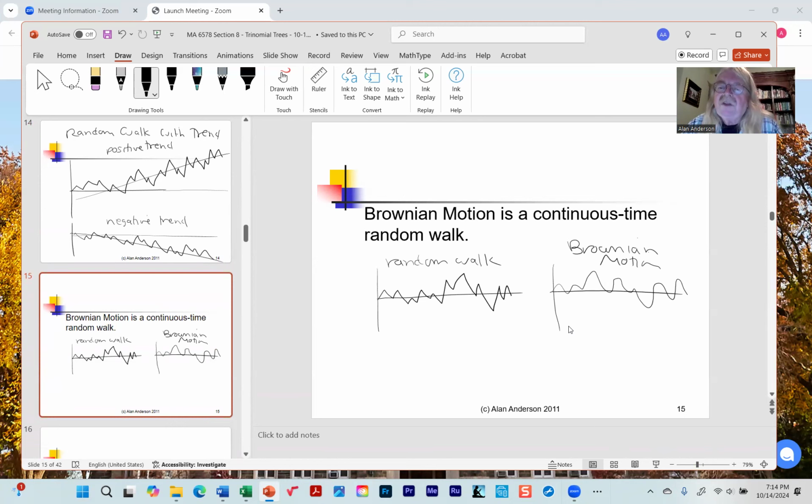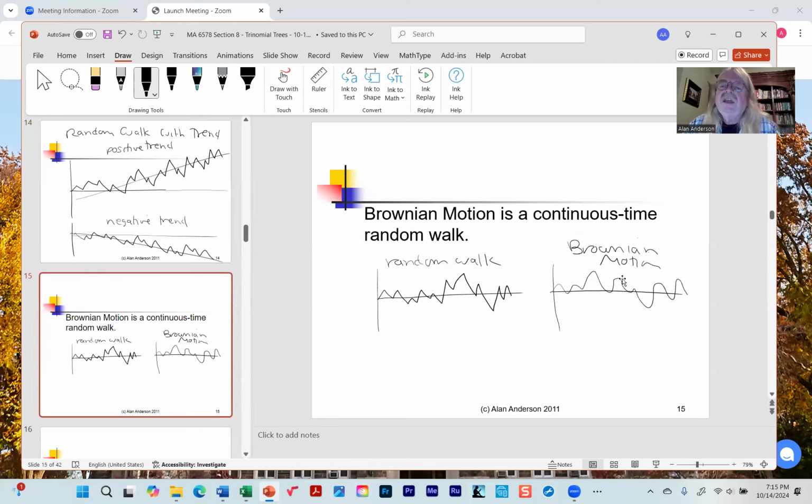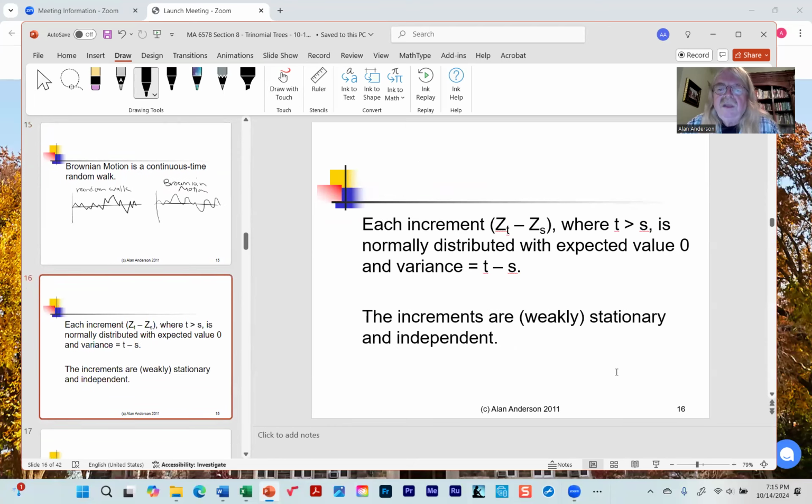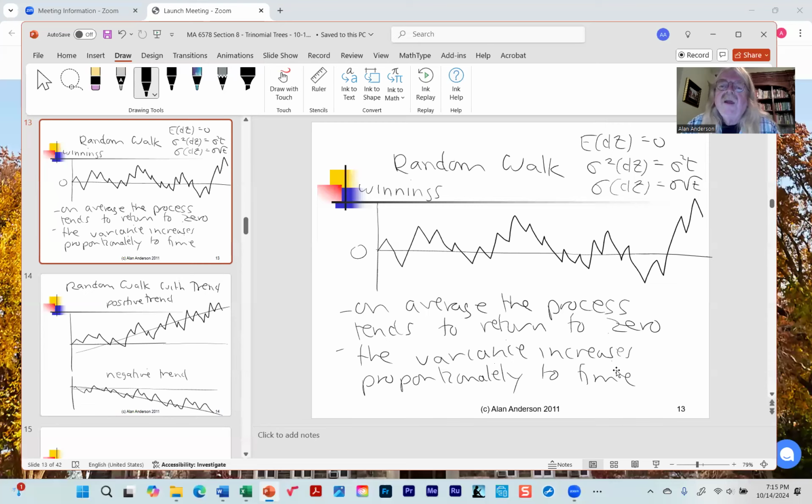Now, Brownian motion is, imagine if you could spin the wheel an infinite number of times during the night, or there's an infinitesimally small amount of time between spins. Then you end up with this continuous process, which is called Brownian motion. This is going to be, by the way, the heart and soul of all these stochastic models that are used to price derivatives.